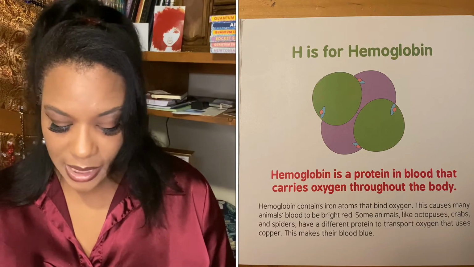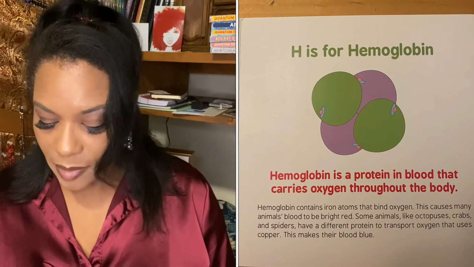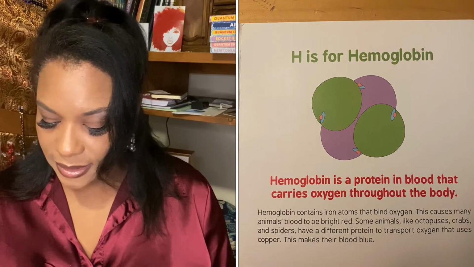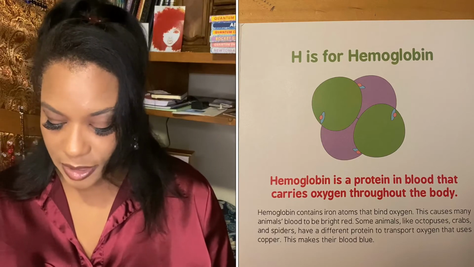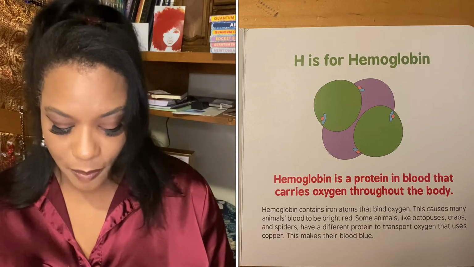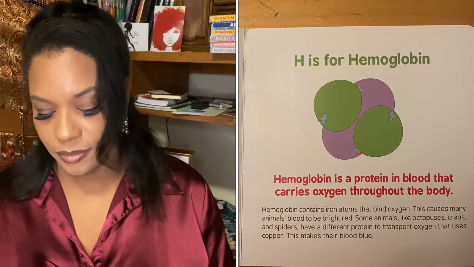This causes many animals' blood to be bright red. Some animals, like octopuses, crabs, and spiders, have a different protein to transport oxygen that uses copper. That makes their blood blue.